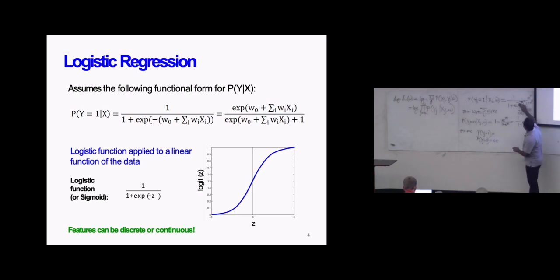So if this term cancels out, 1 by 1 is essentially 1. So if you have a positive number, the probability of y equals 1 is almost 1 and the probability of y equals 0 is almost 0, right? And it's vice versa for negative infinity. If it is negative infinity, then you have this as 0, this as 1.